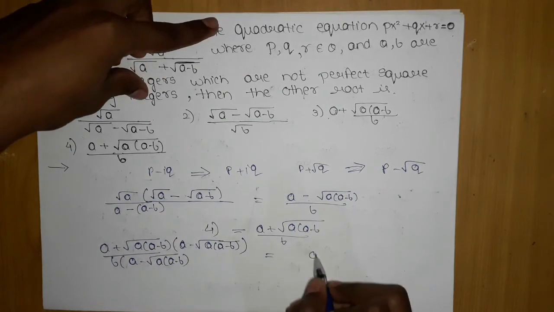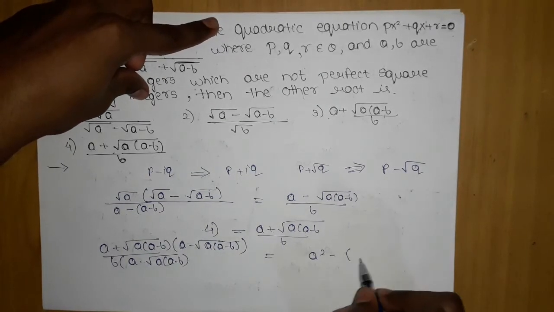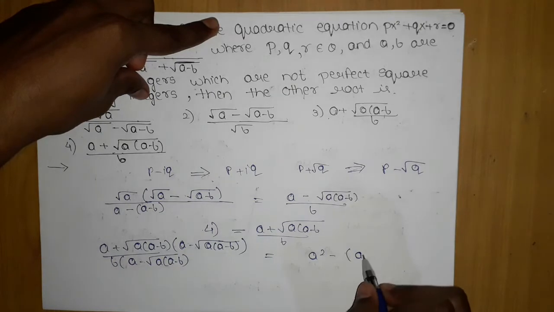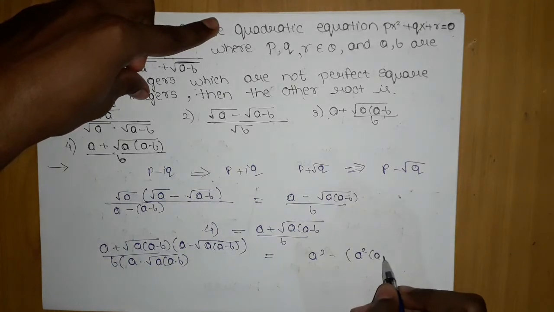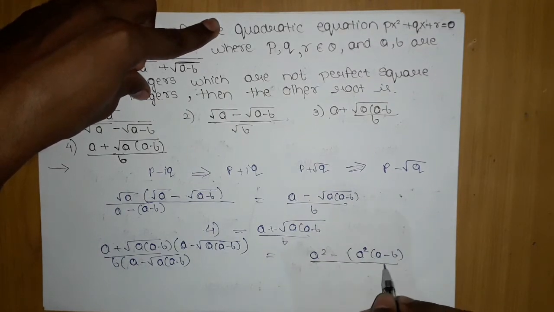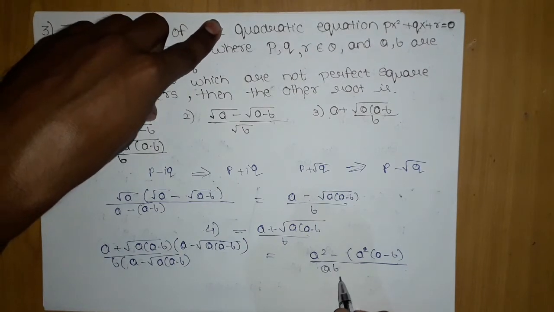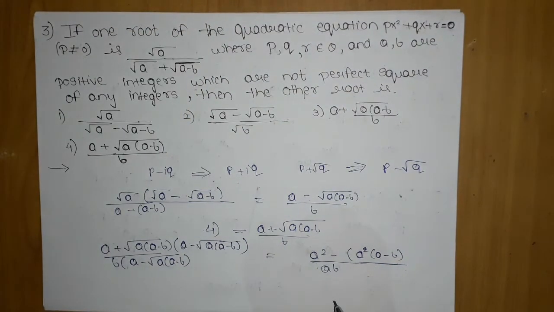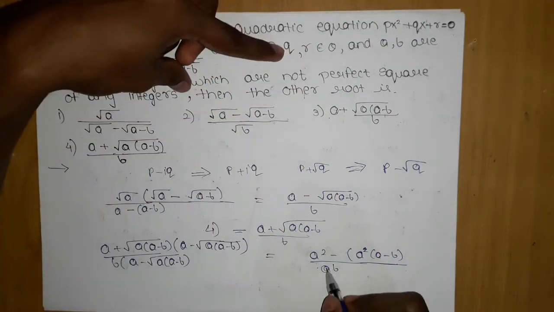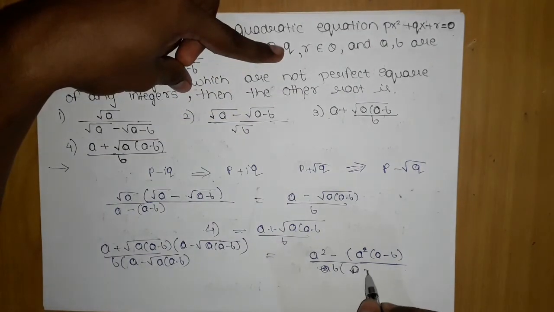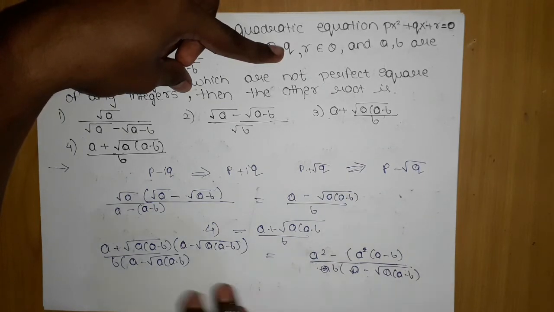Here I will have a square into a, a into a minus b upon ab, under root a into a minus b. Let's see what we can do further.